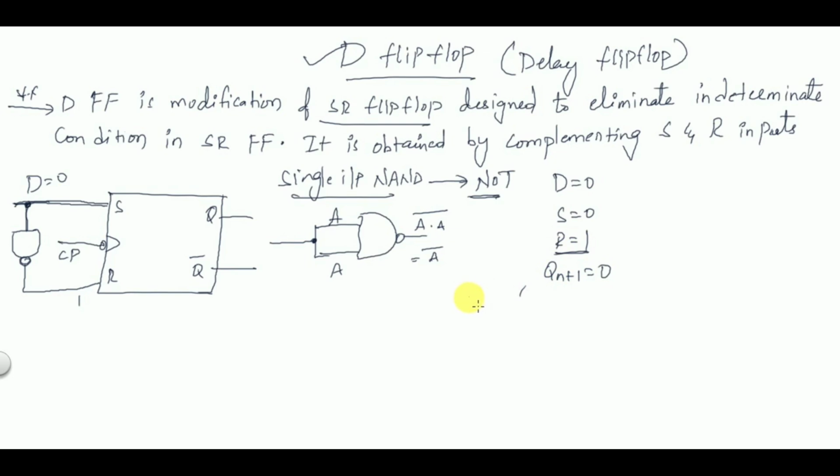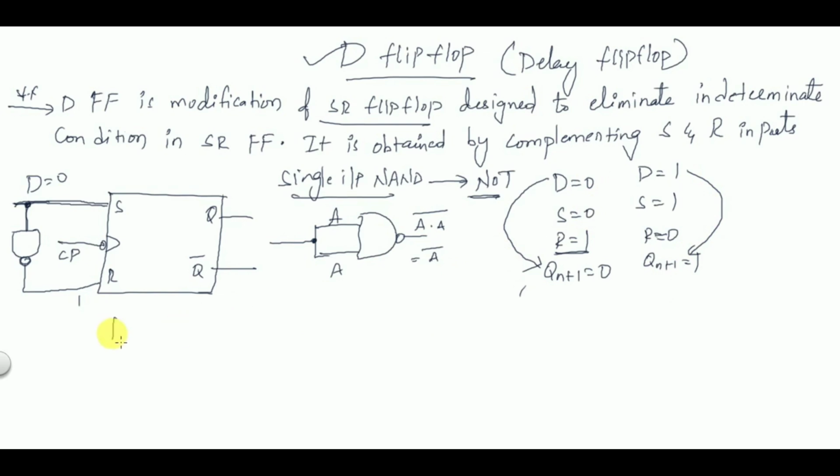Similarly, when D is equal to 1, S is equal to 1 and R is equal to 0, so Qn plus 1 is equal to 1. Whatever the value of D you give, you get the same value at Qn plus 1. So this is called a delay flip-flop.